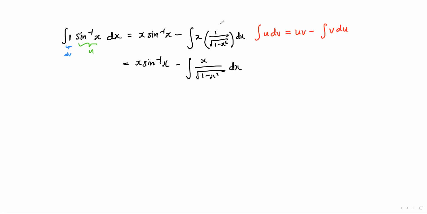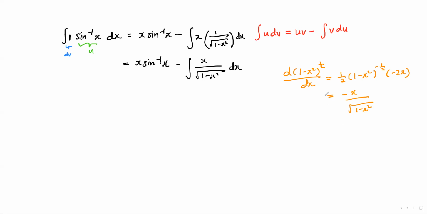Just a quick intuition, I roughly can tell that if I differentiate 1 minus x squared to the power of half dx, I'm going to get half times 1 minus x squared to the power of negative half times negative 2x. So that gives me negative x over square root of 1 minus x squared.